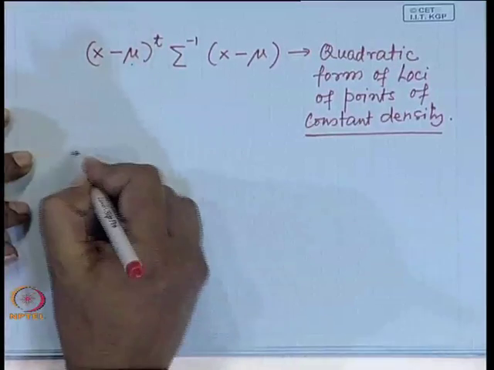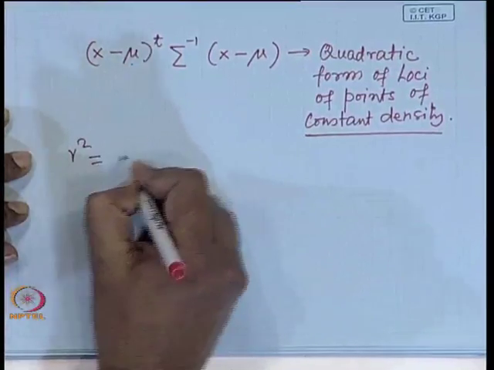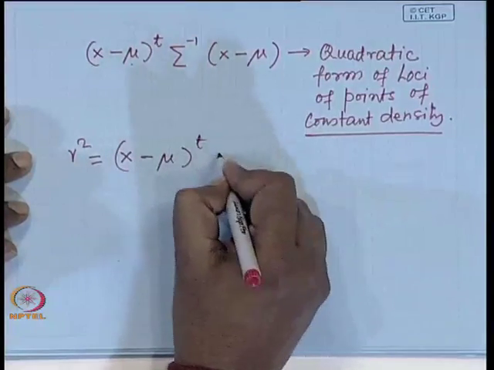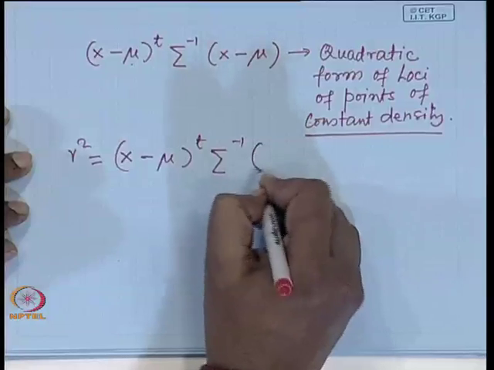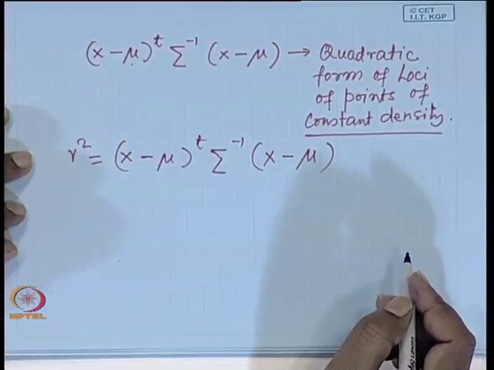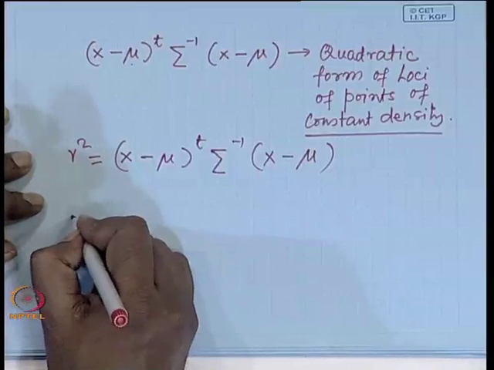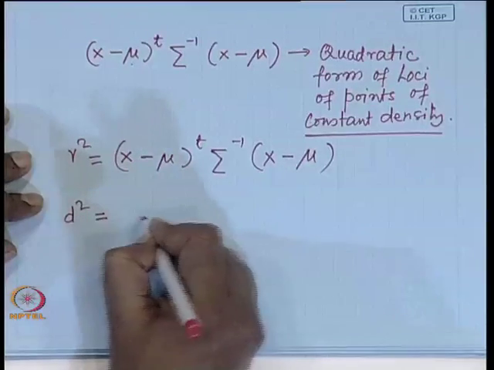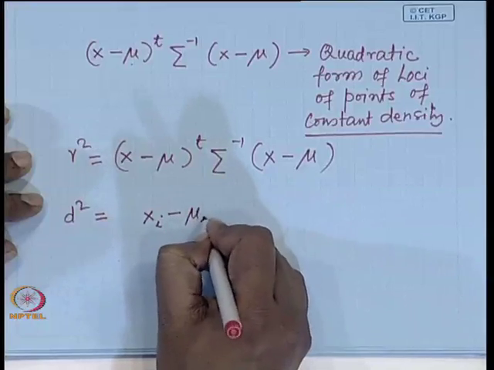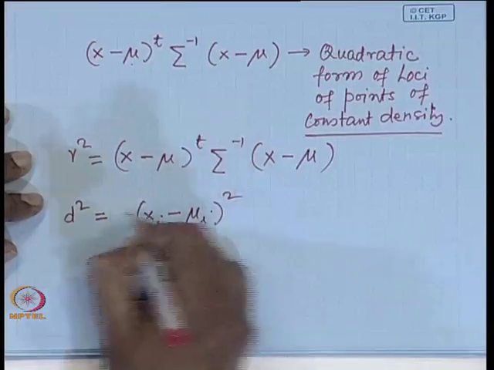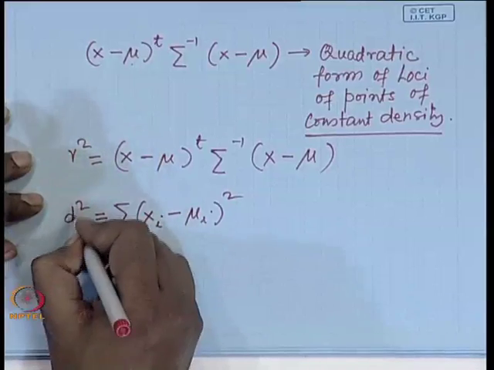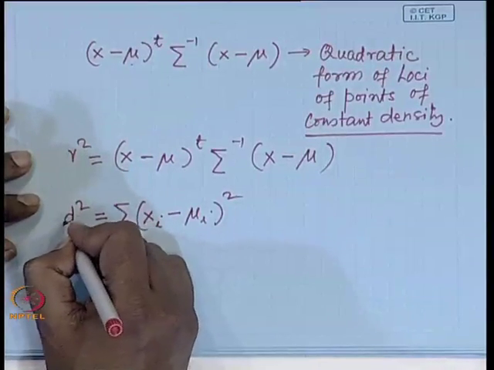So, the distance function r square I can define, which is given by x minus mu transpose sigma inverse into x minus mu. In the Euclidean case, I can define d square is equal to the summation of x i minus mu i square, take the summation over i, instead of calling it d, let me call it say L.